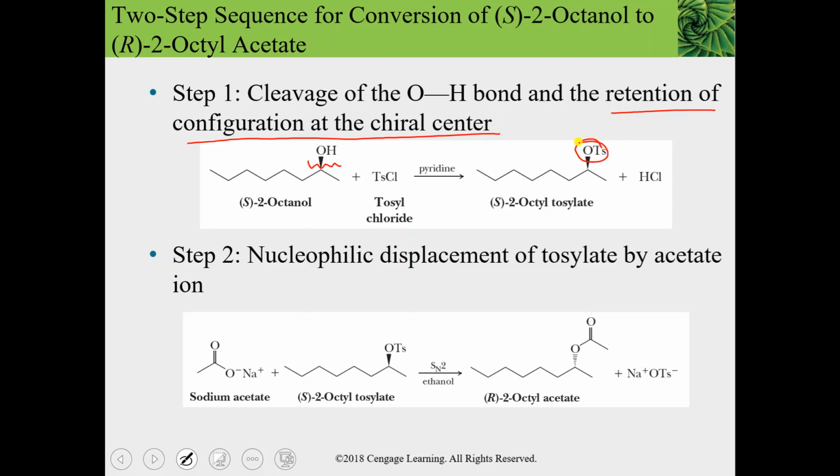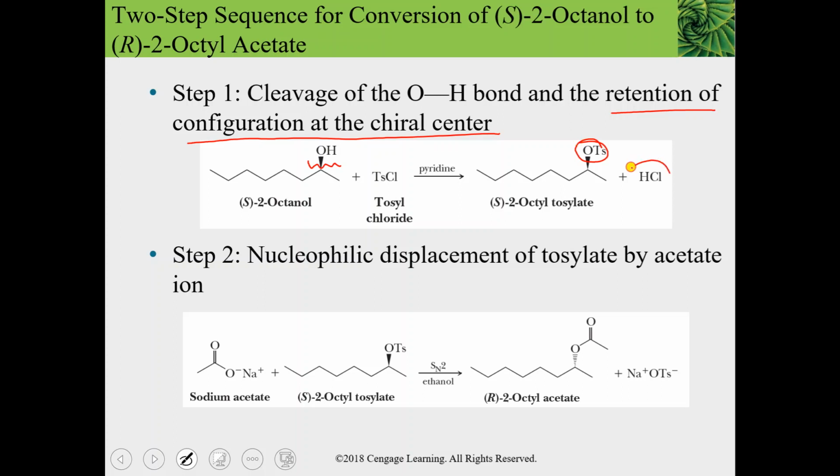Note they are both wedged. When they are both wedged, that means the configuration of the chiral center has stayed the same. We did not go from wedged to dashed. That would have changed the configuration of the chiral center. We maintained the configuration. So they both are wedged. Hydroxyl group comes off, OTs comes on, both in the wedged position.